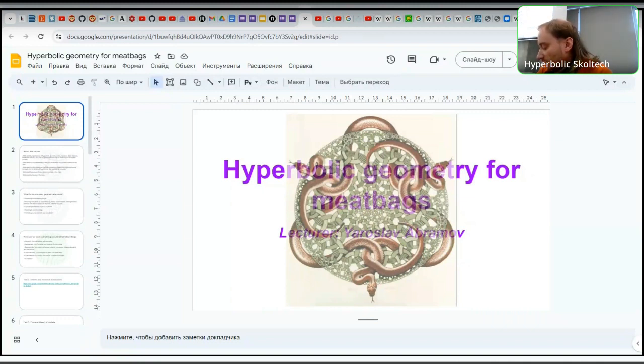Also about how hyperbolic neural networks were constructed, at least for now. But this is a side topic from our main talk. Mostly we will talk about some mathematics.